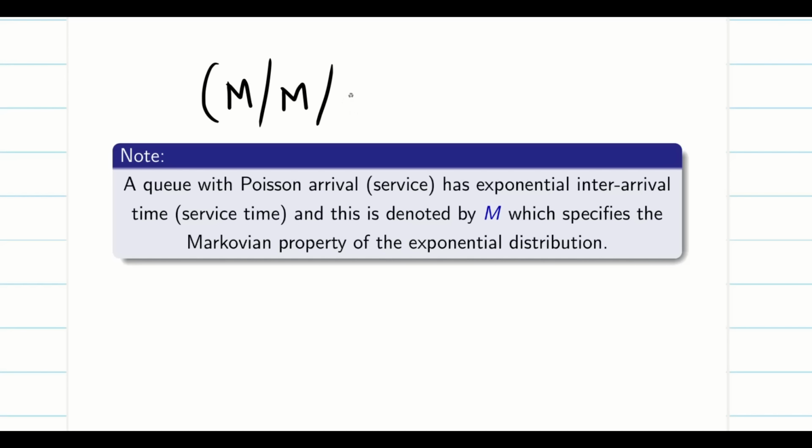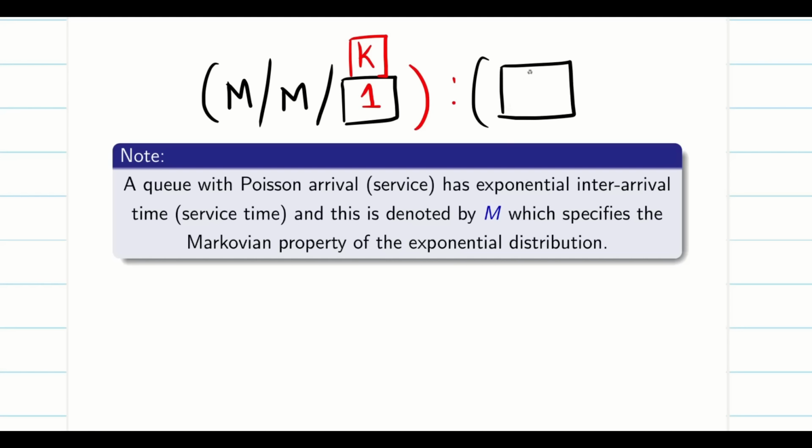So now, this is what is going to change here. If we have a single server, I am going to put 1. If we have more than one server, if it is multi-server, I am going to put K, where K may be more than 1. Next one, system capacity. Here also, as I said, my capacity may be finite or it might be infinite.